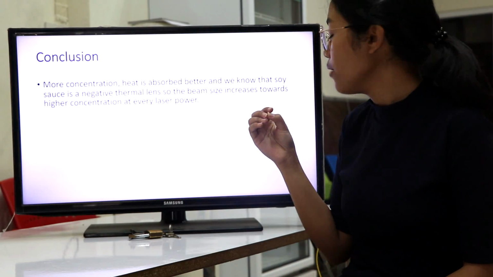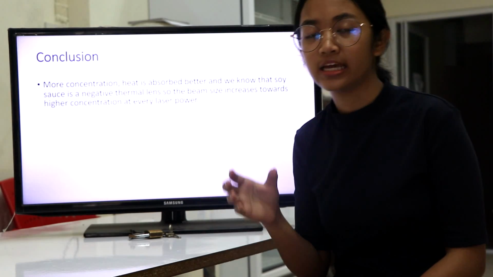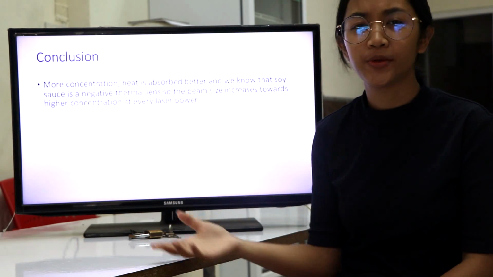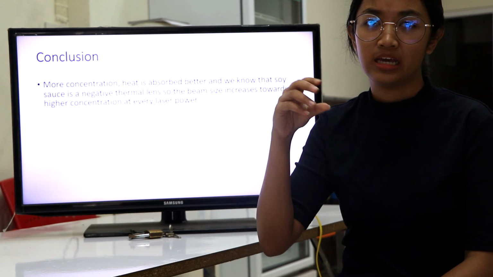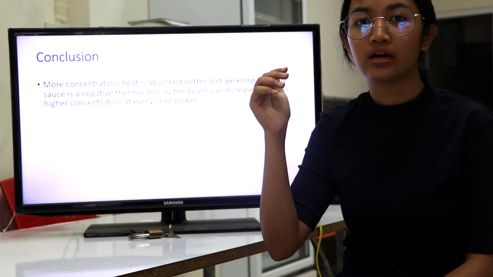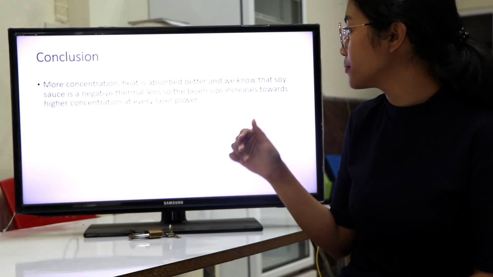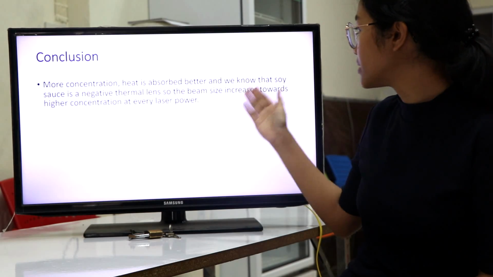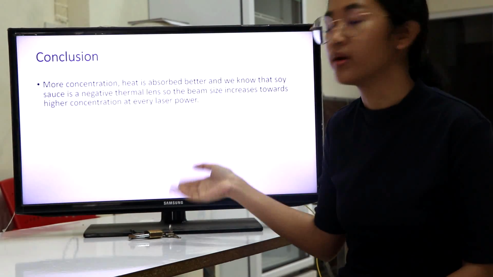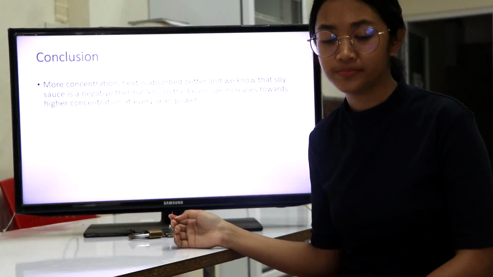We know that our soy sauce is a negative thermal lens from experiment 1. So if it can absorb heat better, the refractive index will be lower, and so the beam size increases toward higher concentration at every laser power.